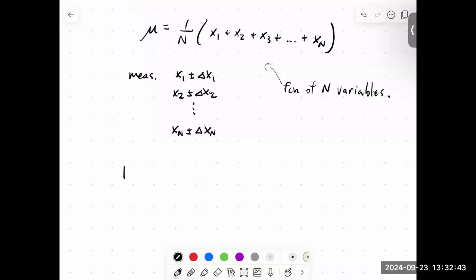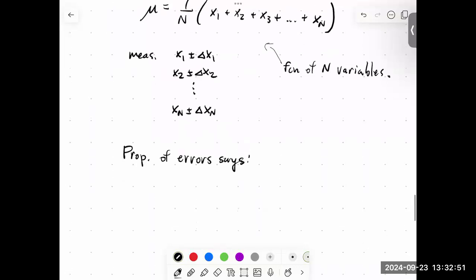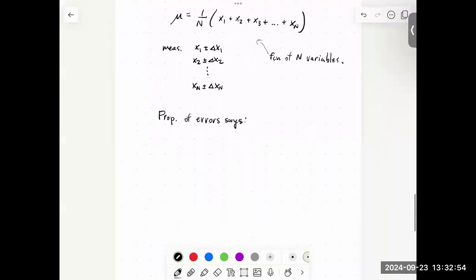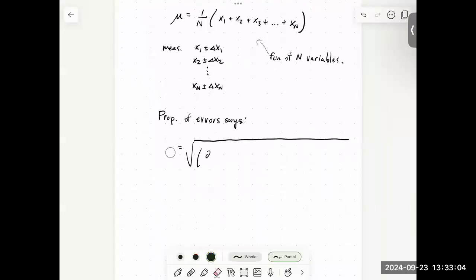Propagation of errors says that the uncertainty in y is going to be the square root of a bunch of stuff. So I better write this as the uncertainty in mu.